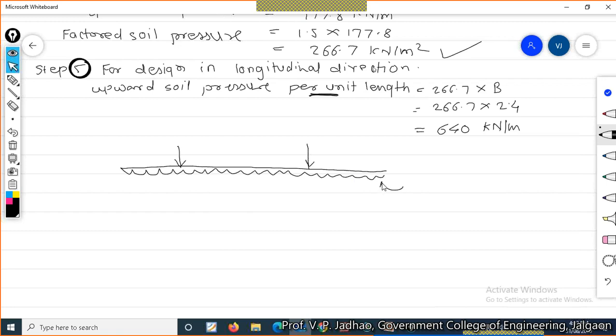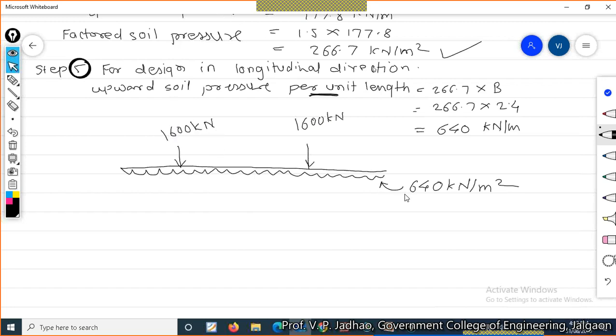And the column load here is 1600 kilonewton.